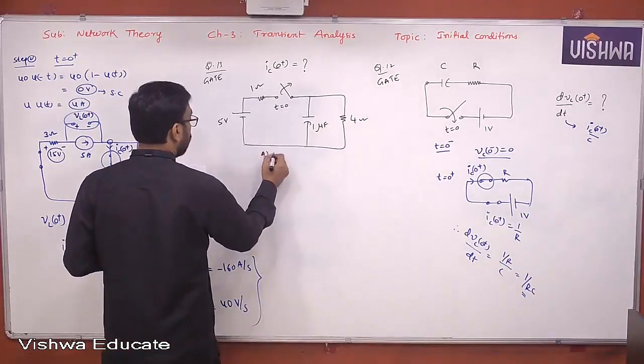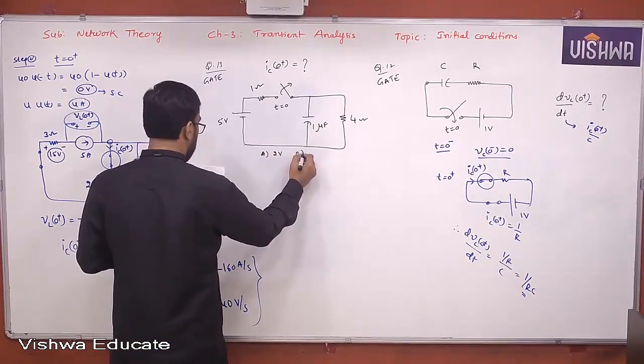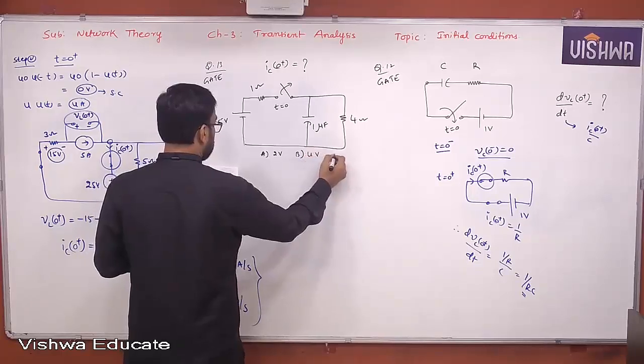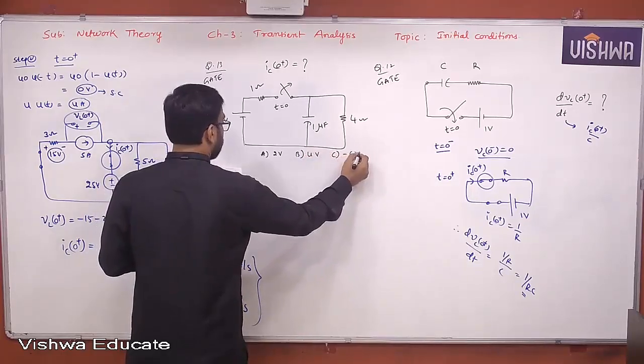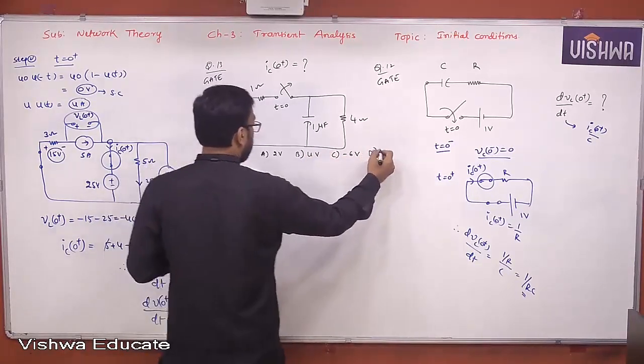A 2 volt, B 4 volt, C minus 6 volt, D 8 volt.